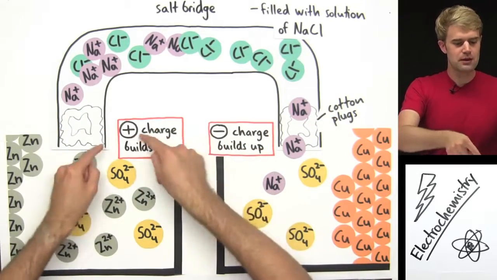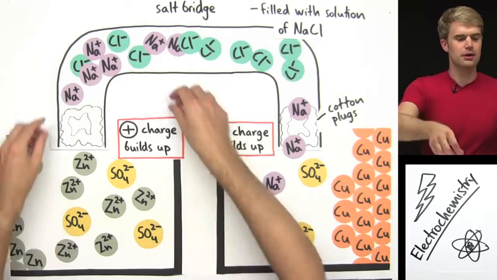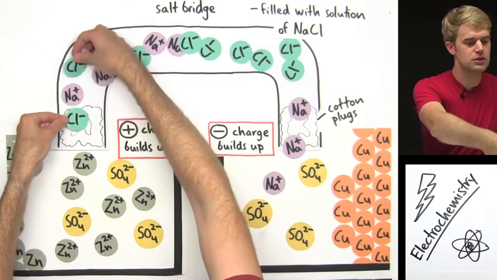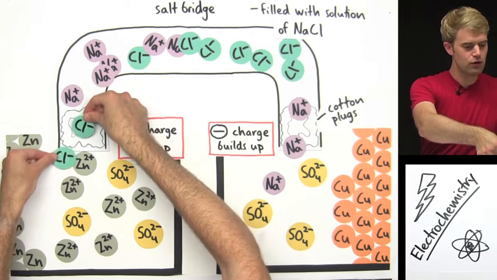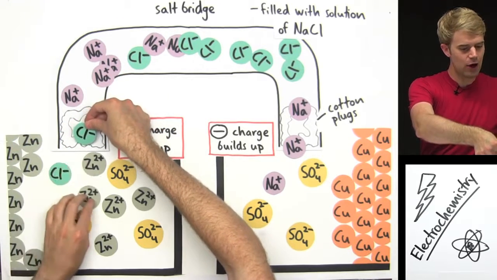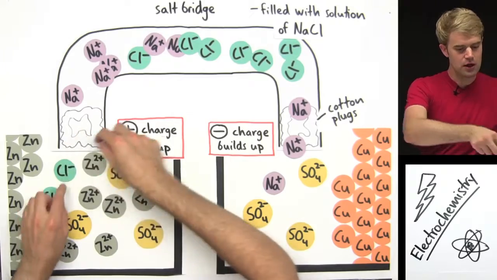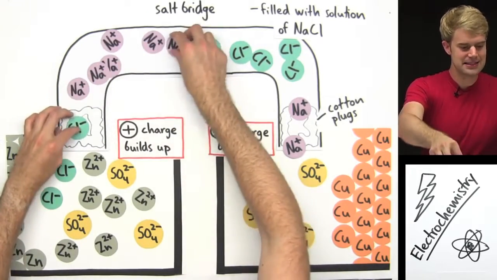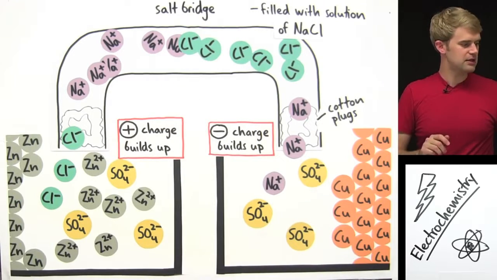And over here we said that positive charge begins to build up. The Cl- ions are going to begin moving through the salt bridge to come out through the cotton and help to balance out the positive charge that builds up on this side of the voltaic cell.